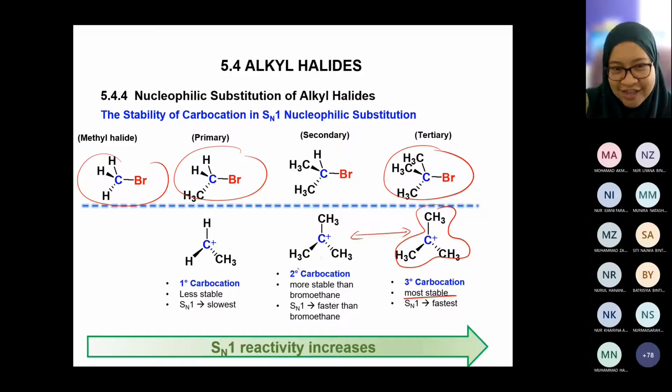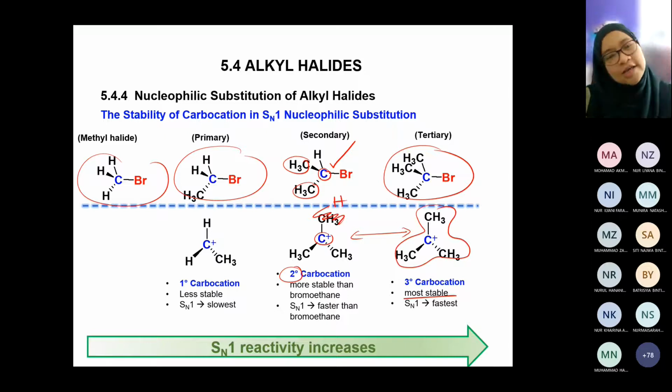This is not secondary. Nampak tak guys? Ini secondary sebab this carbon attached to these two carbons. But this one bukan secondary carbocation. Ini tak betul ni. Kena ganti dengan H. Okay, please edit your slide.